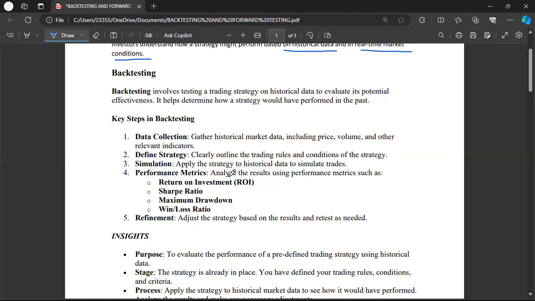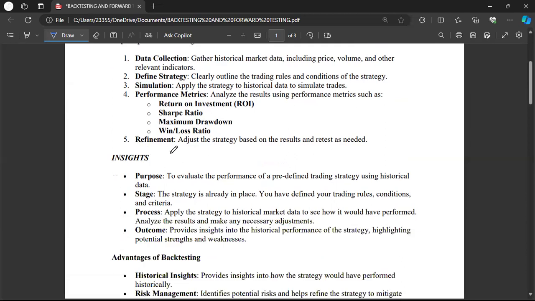Right. Now, we look at point 5. Refinement, that's the adjustment. So adjust the strategy based on the results, and then retest as needed, right? Sometimes you look at the time that you entered. Did you enter too early, impulsively? Or did you delay too much? Did you have any problem with fear or hope?